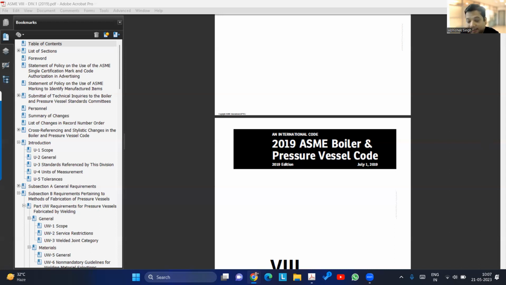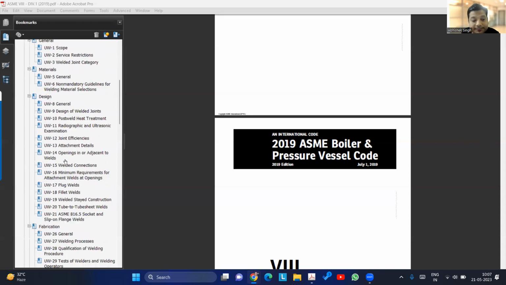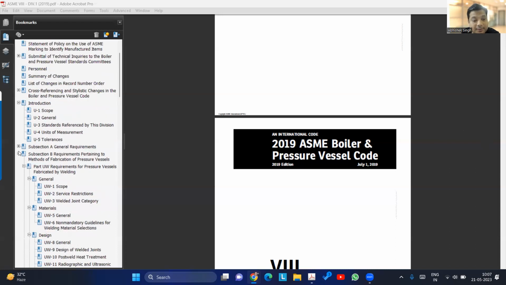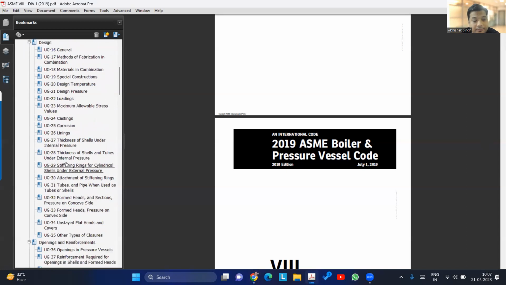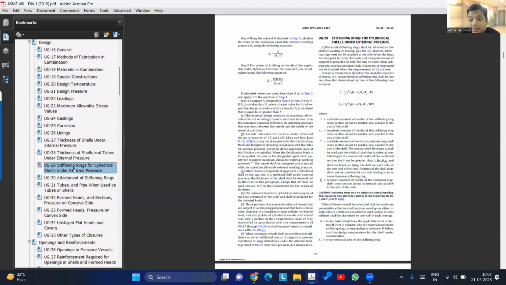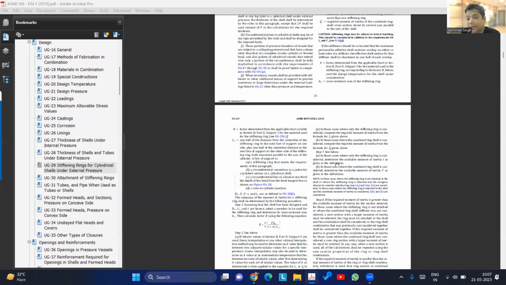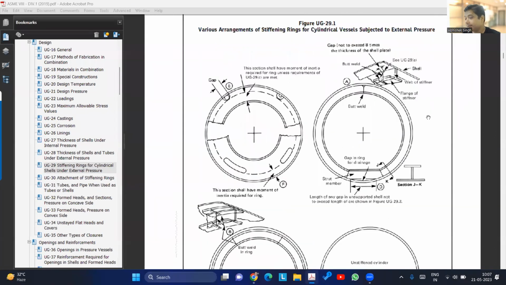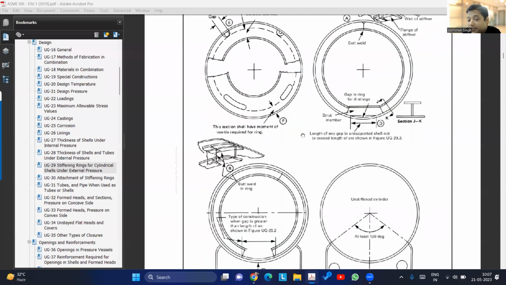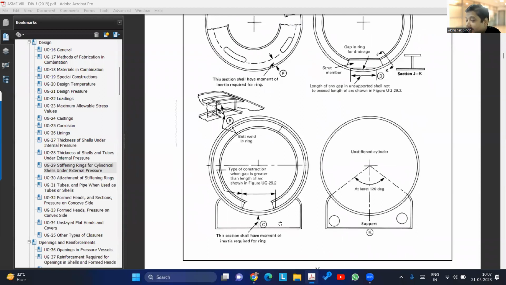Okay, I'll just open the figure also so that you guys can see. This is UG 29. We are talking about this figure, right? So you're talking about the support as a stiffening ring, or you're talking about the support which is the saddle support?